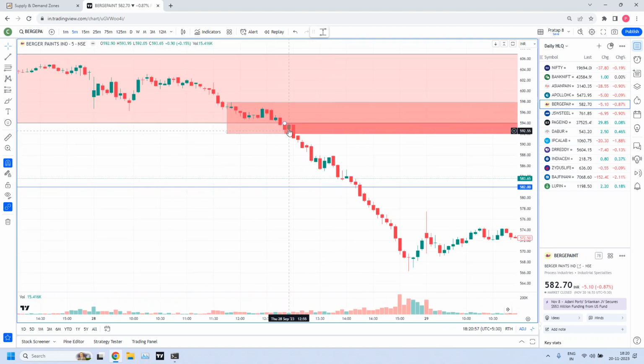Here we have drop, 2 base candles, and again a drop. This is the 5 minutes. But this 5 minutes area came a little below this daily supply zone.